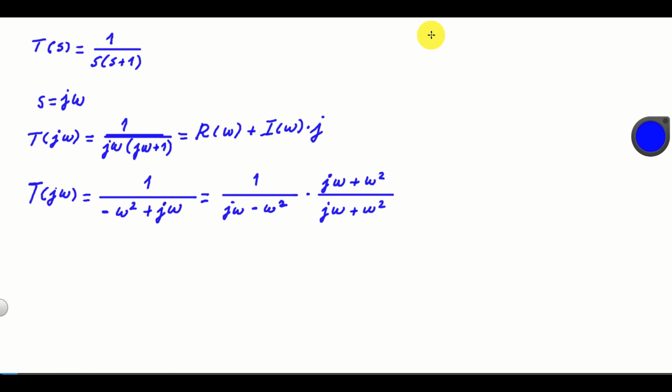Namely, from basic calculus, we know that a squared minus b squared, where a and b are arbitrary numbers, they can even be complex numbers, is equal to a minus b multiplying a plus b. Since over here I will have j omega plus omega squared multiplying j omega minus omega squared, I will exactly have this thing. So as the result, I can write this.